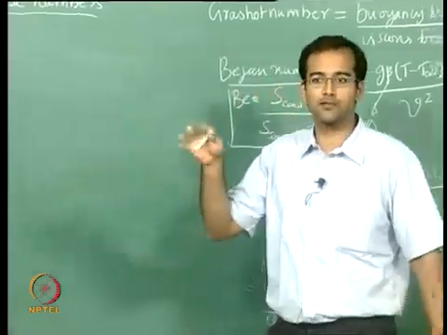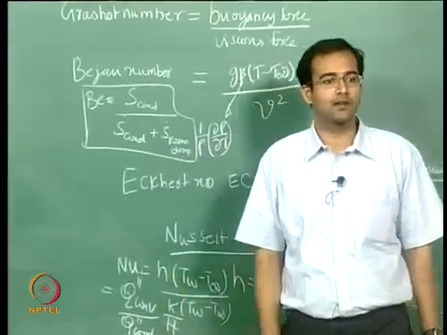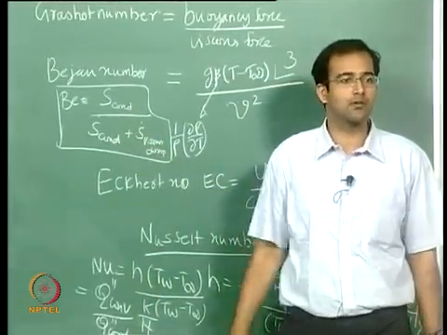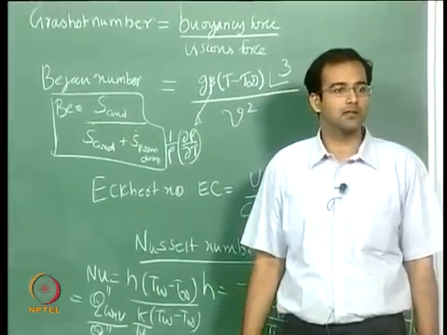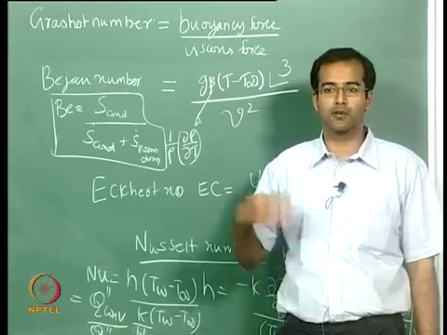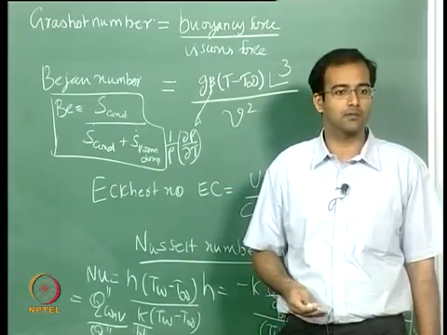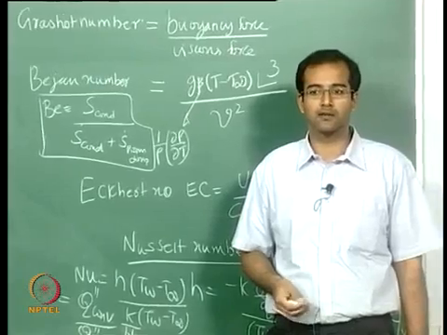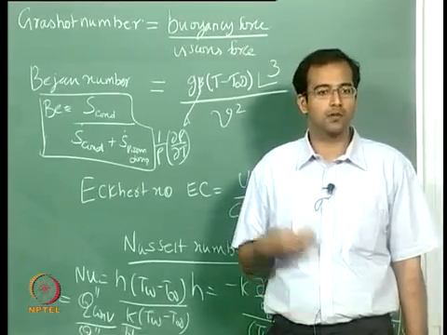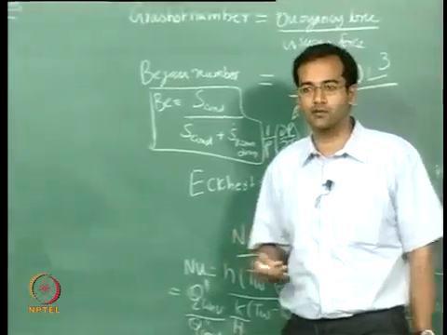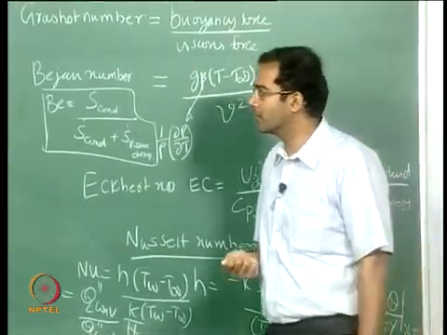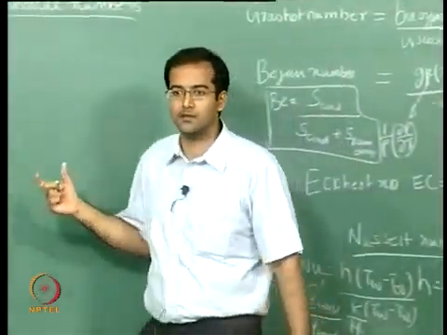So far as single phase convective heat transfer is concerned, these are the ones. If you go to multi-phase heat transfer, say boiling, then you will have other non-dimensional numbers: Bond number, Eötvös number, capillary number, and Weber number, depending on the forces that you encounter. Any questions on this?